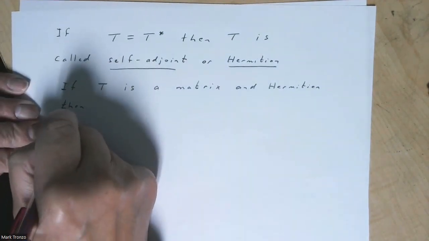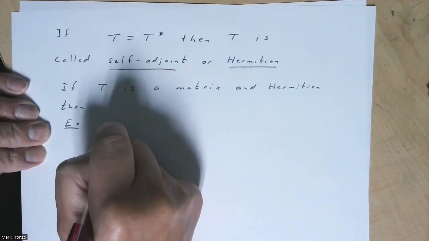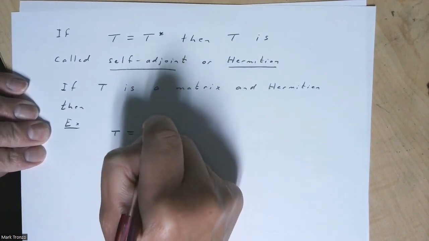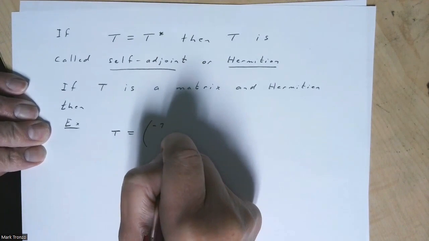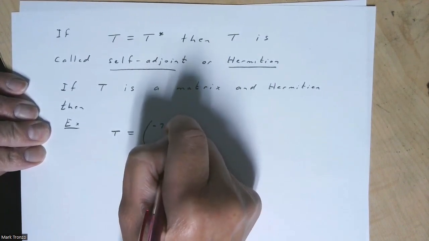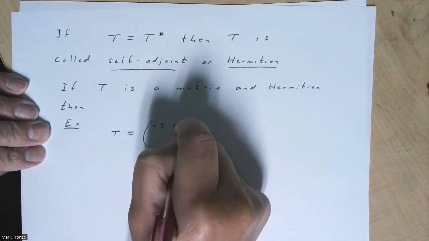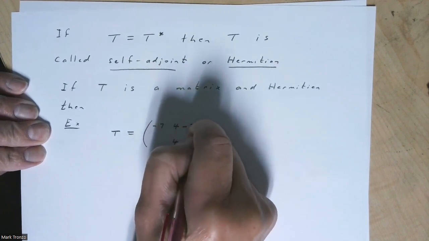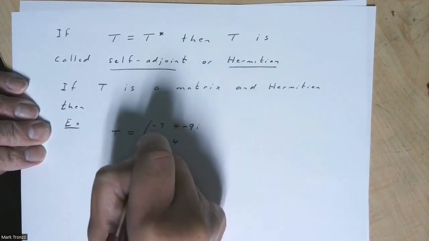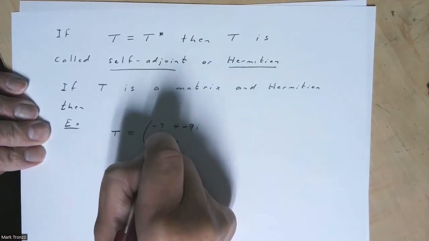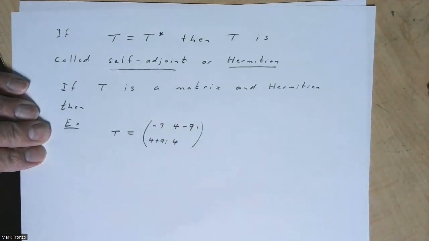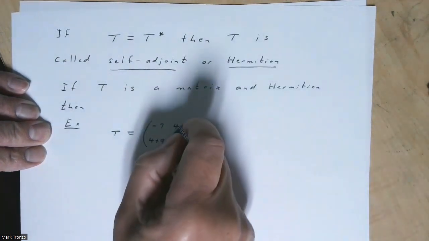So, for example, I'll take a real simple example. Let's say T equals minus 7, 4 minus 9i, 4 plus 9i.